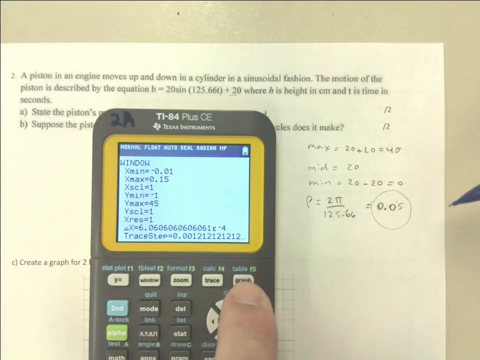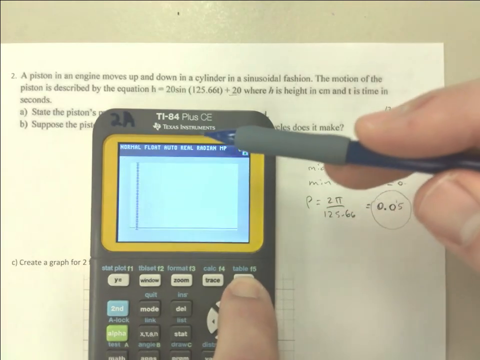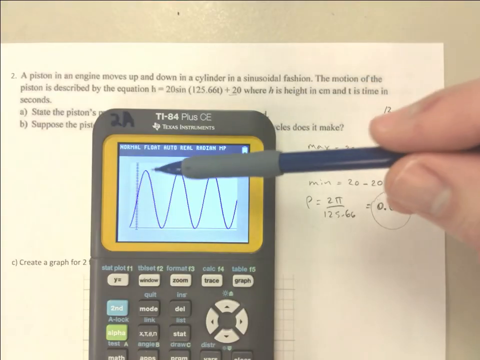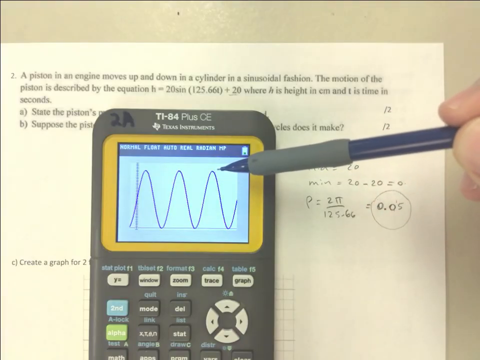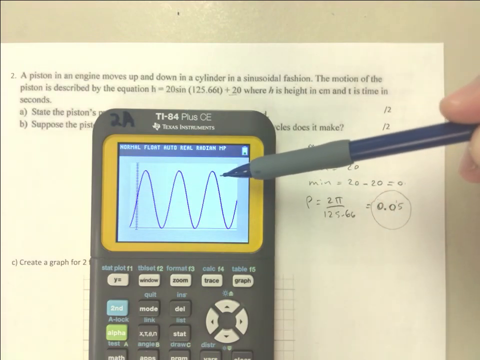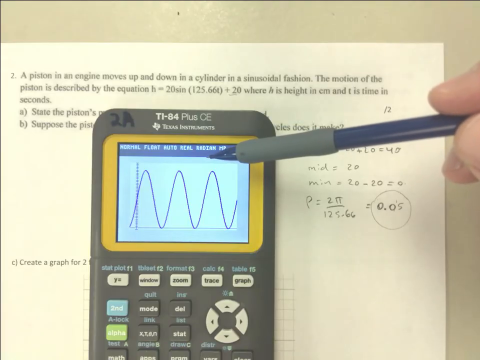So let's go hit graph. Once you've got these values in there, hit graph. And that's what you should see. Look, we're seeing 1, 2, 3 caps, which is the equivalent of 2 cycles. This is more like it. Okay?